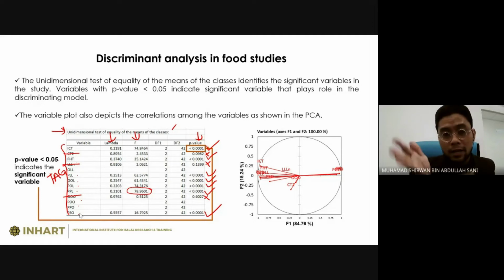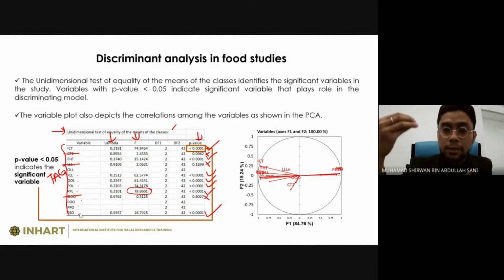So this is what I did in the Department of Chemistry between 2006 and 2013, 7 or 8 years. We used this multivariate data analysis to identify oil spills from containers and even from oil shipments around the world, like the one previously in our waters in Johor.